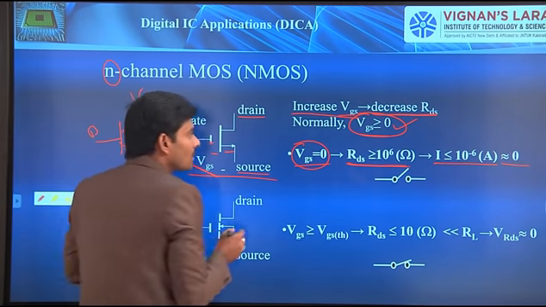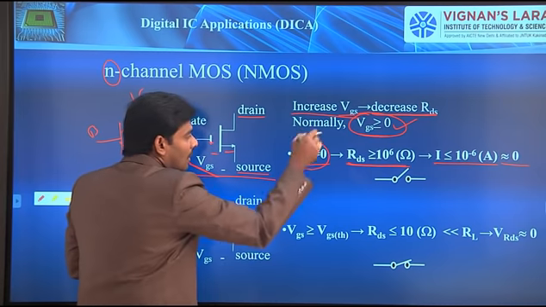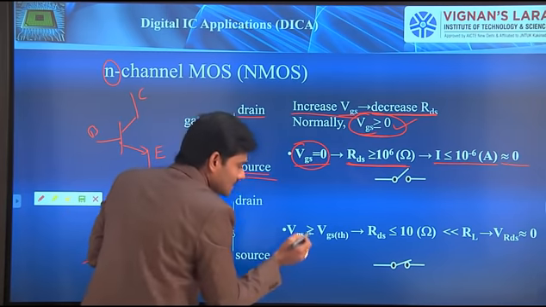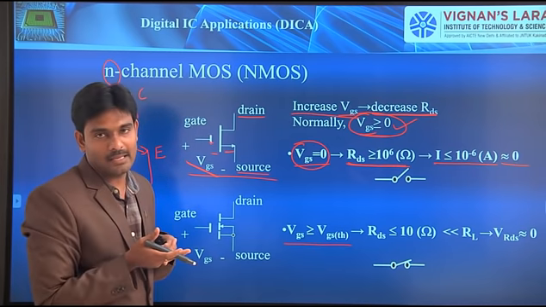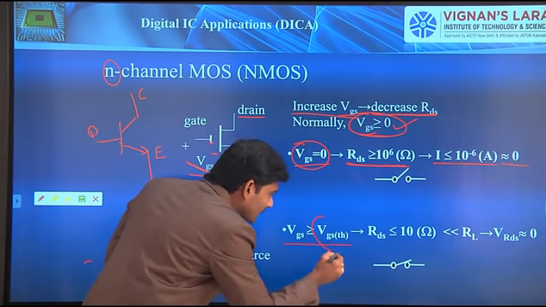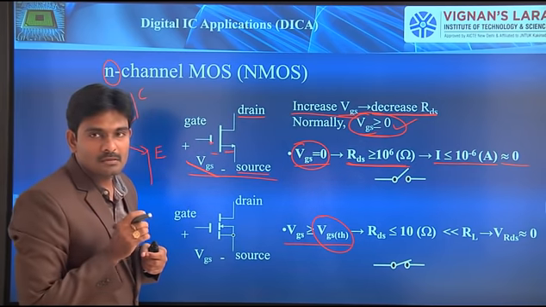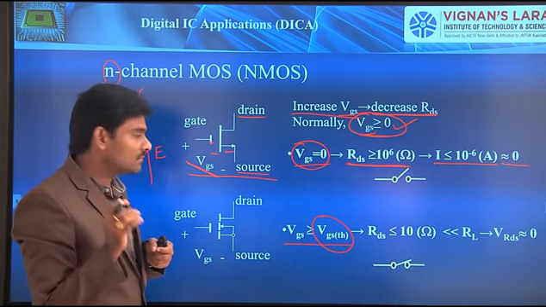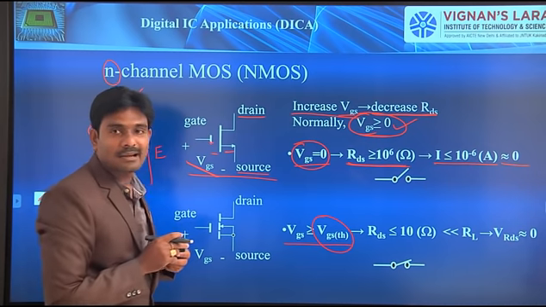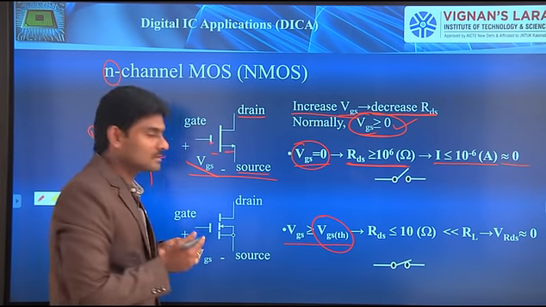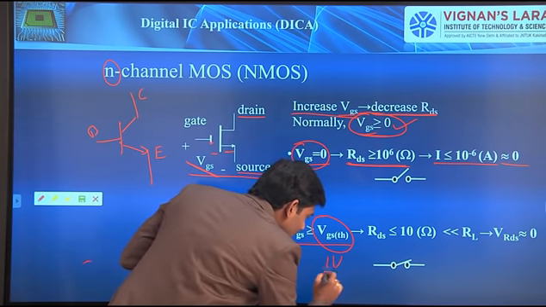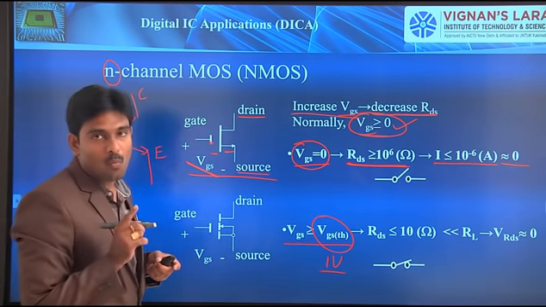So if you keep increasing VGS and it reaches a value of VGS(th), where VGS(th) represents the threshold voltage of that NMOS transistor. In general, the threshold voltage of an NMOS transistor may be considered as 1 volt.